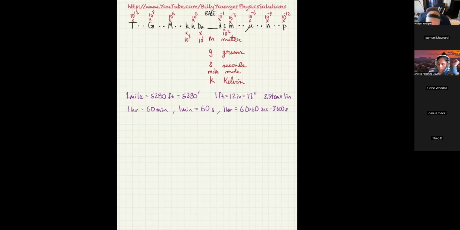So those things come in handy as well. And these statements where I say something in one unit equals something else in a different unit, these are called equivalent statements.